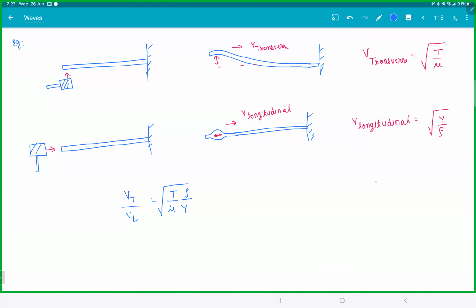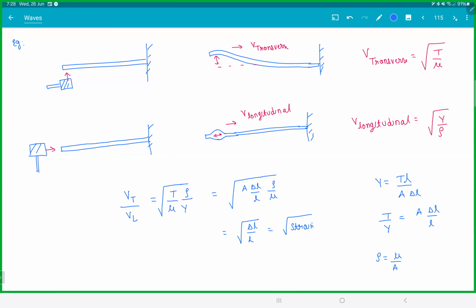And I can write Young's modulus, the formula you remember, as tension times length by A delta L. So tension by Y becomes A delta L by L, and rho by mu. And I hope you remember, rho is nothing but mu by A, because mass per unit length into density. So that will get cancelled out actually. You'll end up with root over delta L by L, which is root over strain.